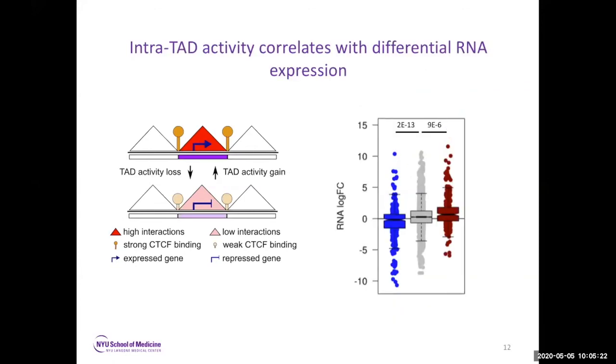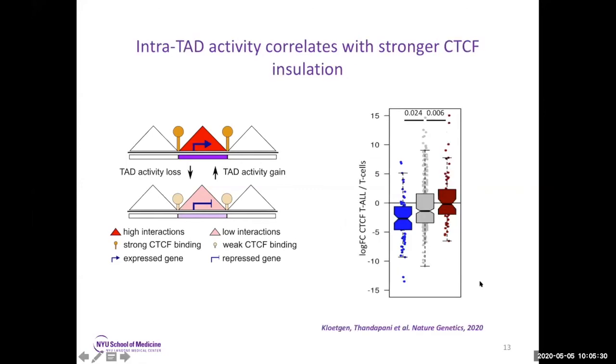Very quickly, we have seen that this intra-TAD activity change correlates very nicely with differential expression of RNA, and as you would have expected, correlates with CTCF insulation and strength of CTCF binding.